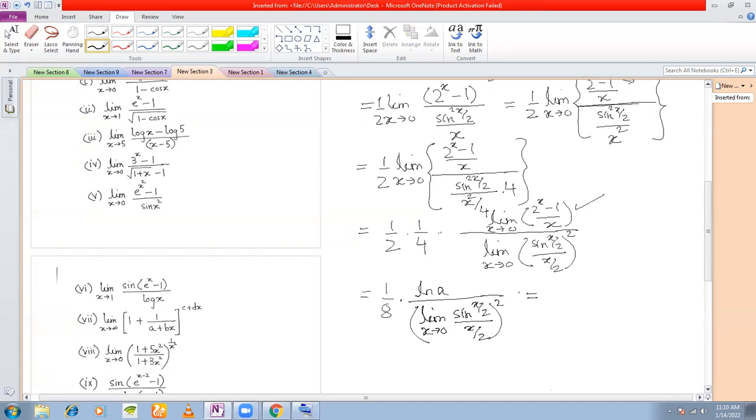In fact, we are multiplying this by 4, and yes, this is okay. 1 by 8 ln a is your answer, because the denominator is 1 square. So 1 by 8 ln a is your answer.